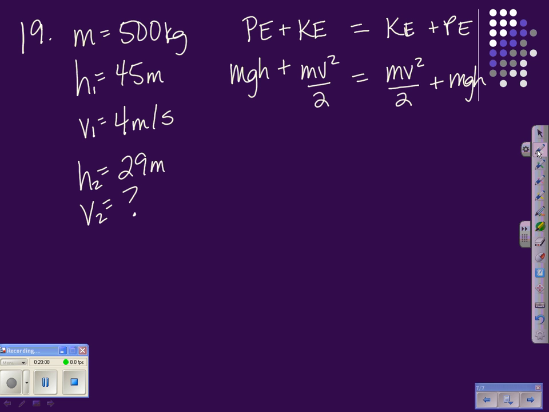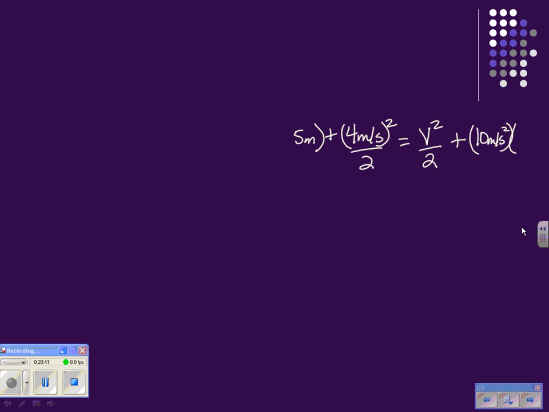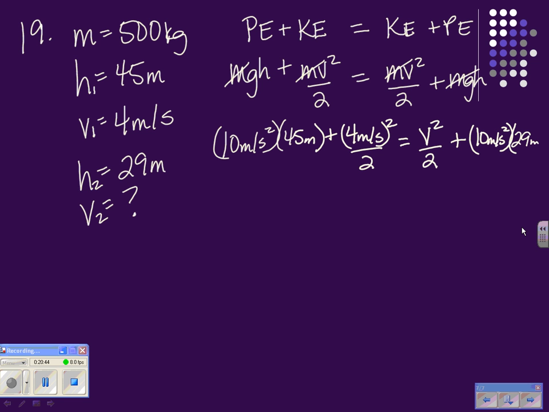Now here's the issue. We have m's all the way across, and we have 4 of them, so we can just cancel them out if we would like and not deal with the masses at all. We now have 10 meters per second squared times our first height of 45 meters, plus 4 meters per second squared divided by 2 equals v squared divided by 2 plus 10 meters per second squared times our new height of 29 meters.